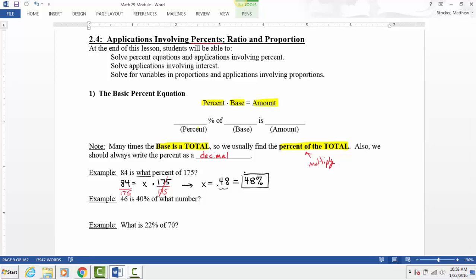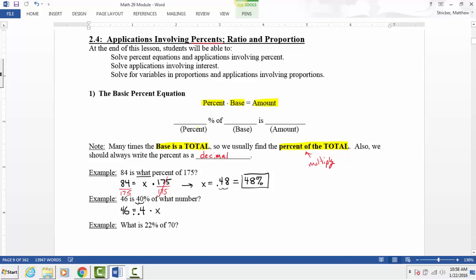I'll try another one. It says 46 is 40% of what number? Remember, convert that to a decimal, so we move the decimal place 2 places to the left, so that's 0.4 times x.